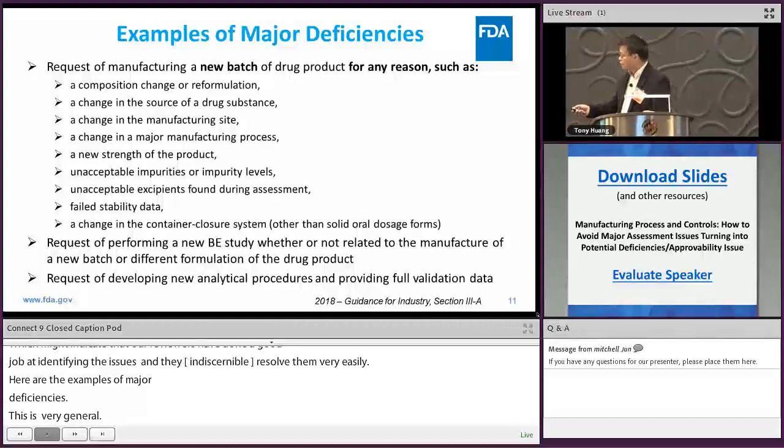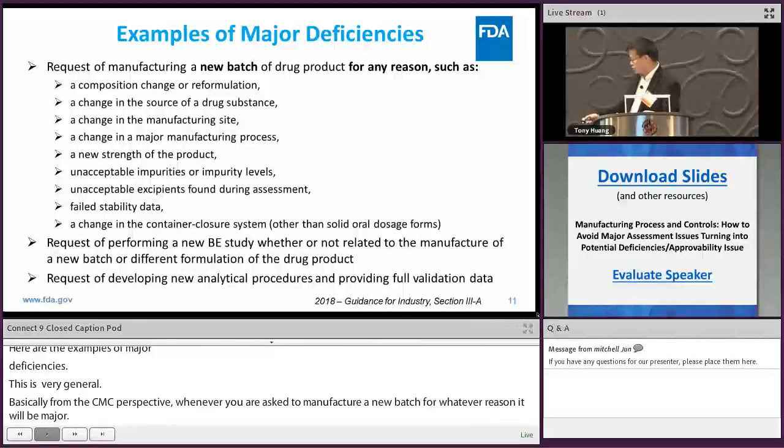And other than that, if you are asked to perform a new BE study, whether it's related to a new batch or reformulation, it will be a major. When you are required to develop a new analytical procedure and full validation data, that will be major.